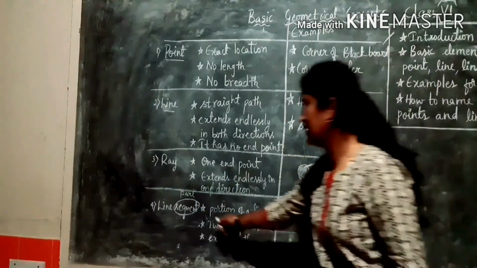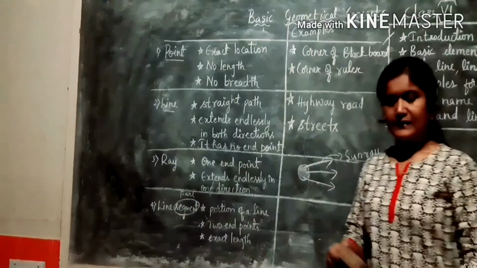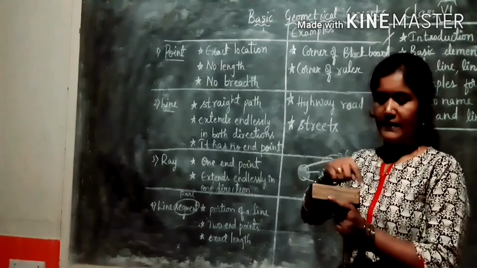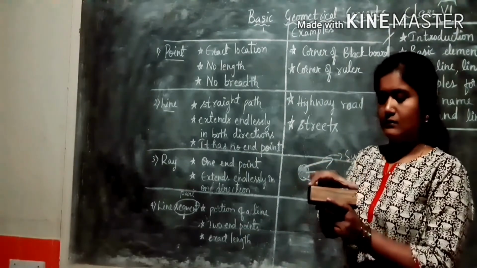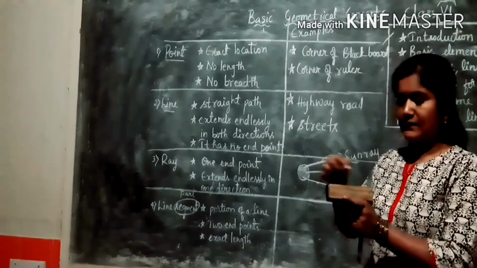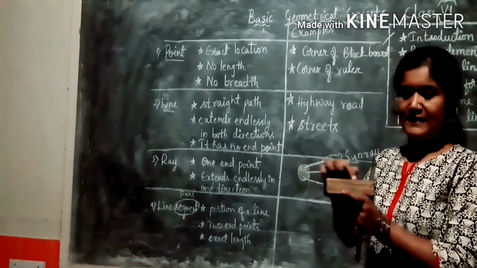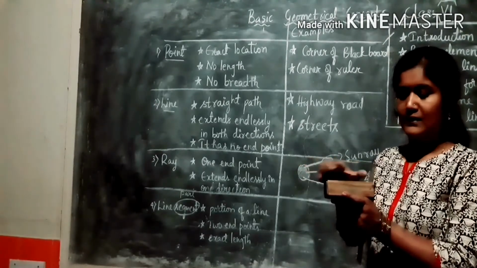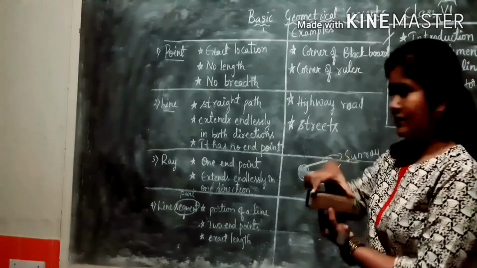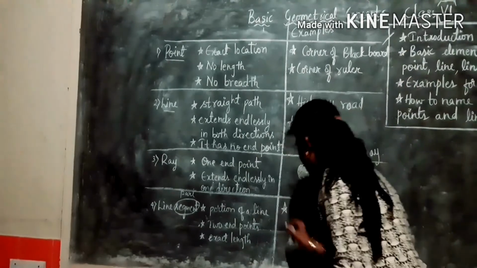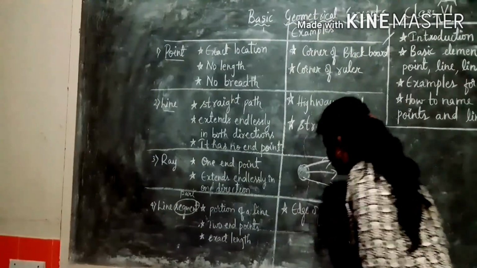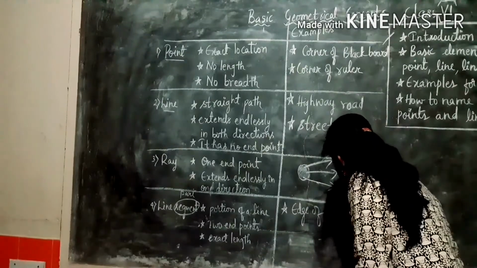Then you have what? The line segment. If I take the same duster here, you can see the 2 ends in the duster, 2 corners, and these are the 2 end points, and the side or the edge of the duster can be considered as the line segment. So the examples for line segment here, the edge of the duster.